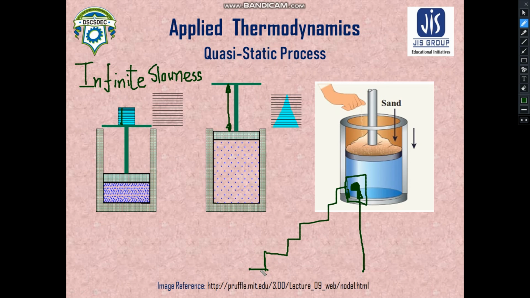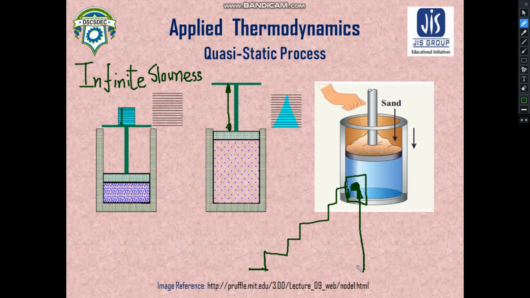You will start from here. Each step you take involves some kind of work, that is, you are working against gravity. In each case you will observe fatigue. So this can also be compared with a quasi-static process.